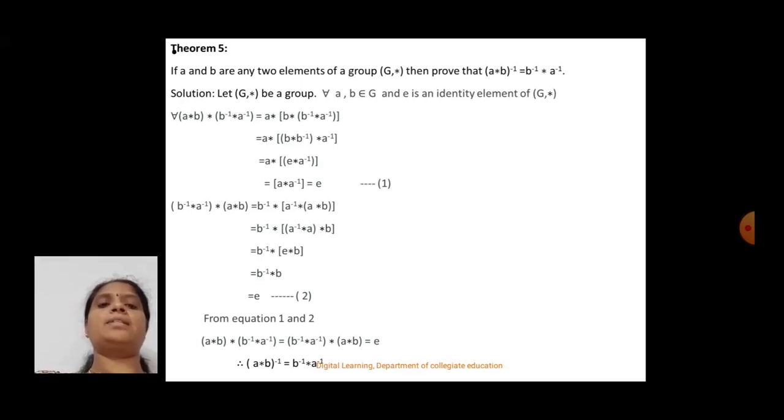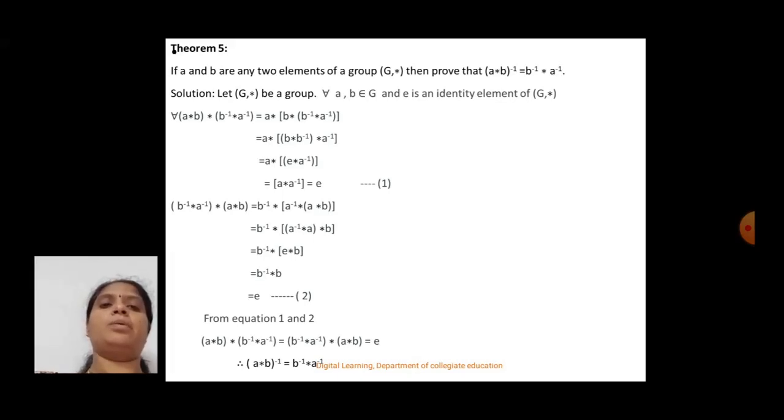So a inverse star a becomes e here. Therefore, b inverse star e star b. Therefore, e is absorbed, so b inverse star b, which is b into 1 by b, nothing but the identity element e.